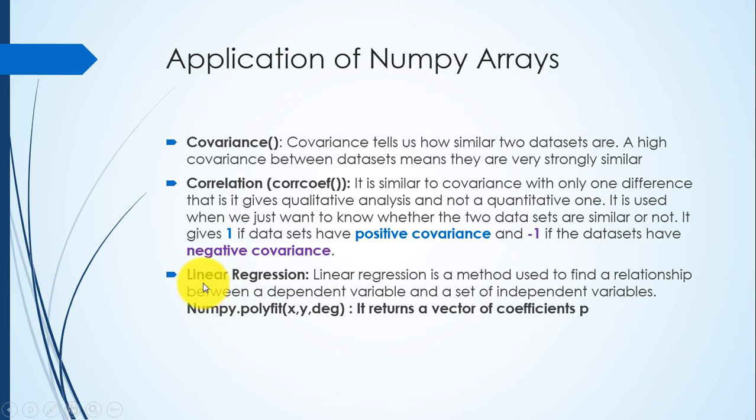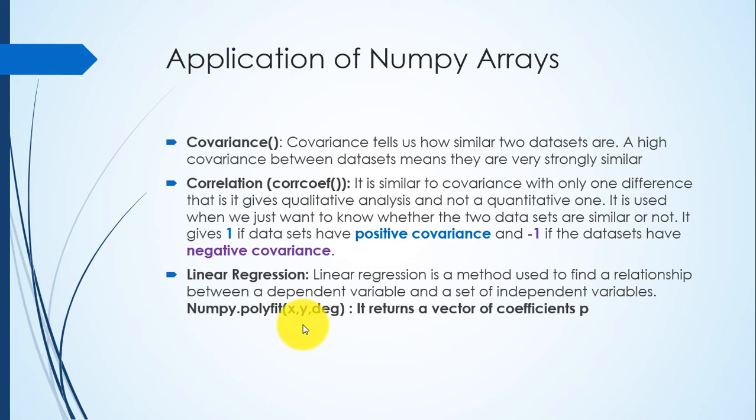Now the third is linear regression. Linear regression is a method used to find a relationship between a dependent variable and a set of independent variables. np.polyfit(x, y, degree) is used to calculate linear regression. x and y are the two data sets, and we try to find out how x is dependent upon y or y is dependent upon x.